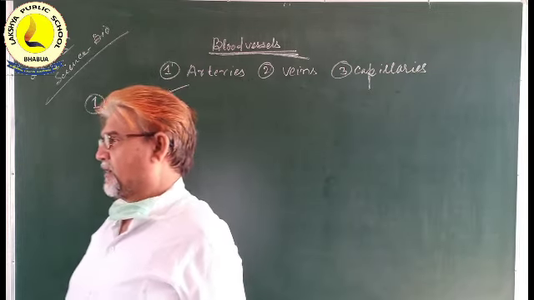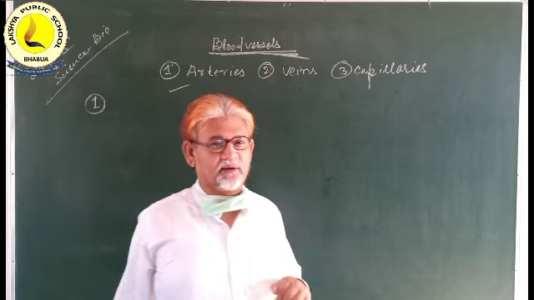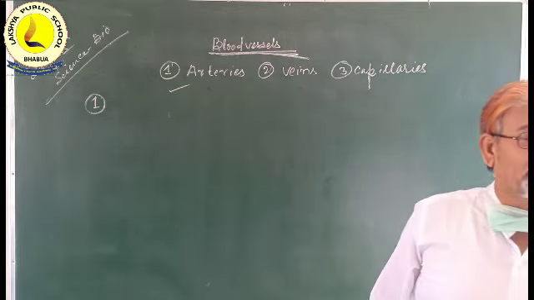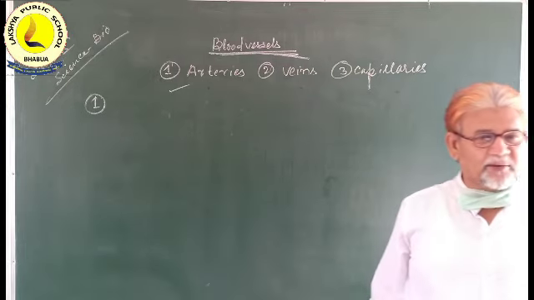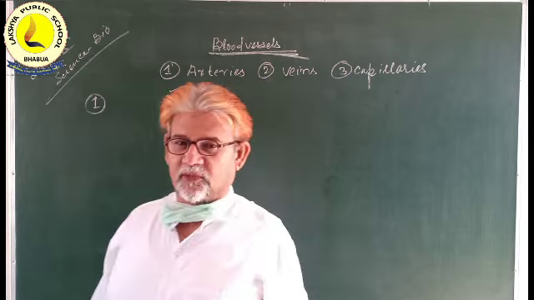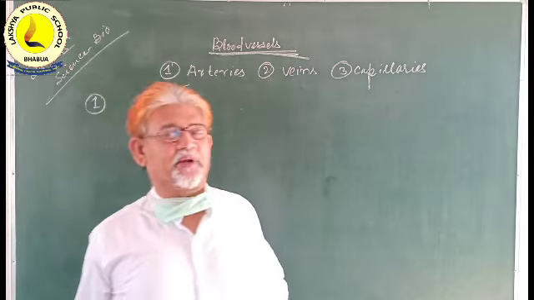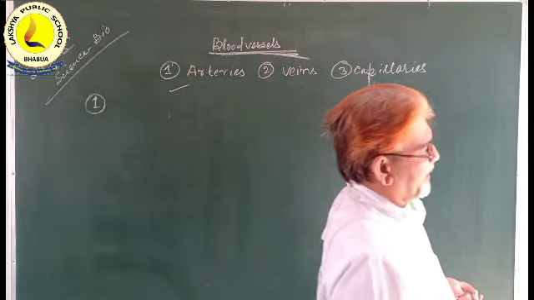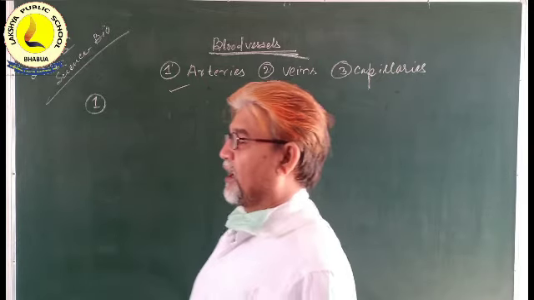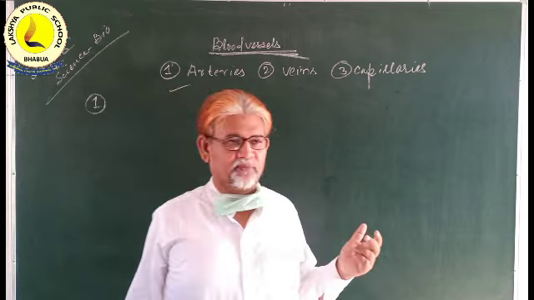They carry oxygenated blood from the heart to the other body parts. They always carry the oxygenated blood. What is the meaning of oxygenated blood? The blood which is saturated with oxygen is called the oxygenated blood.